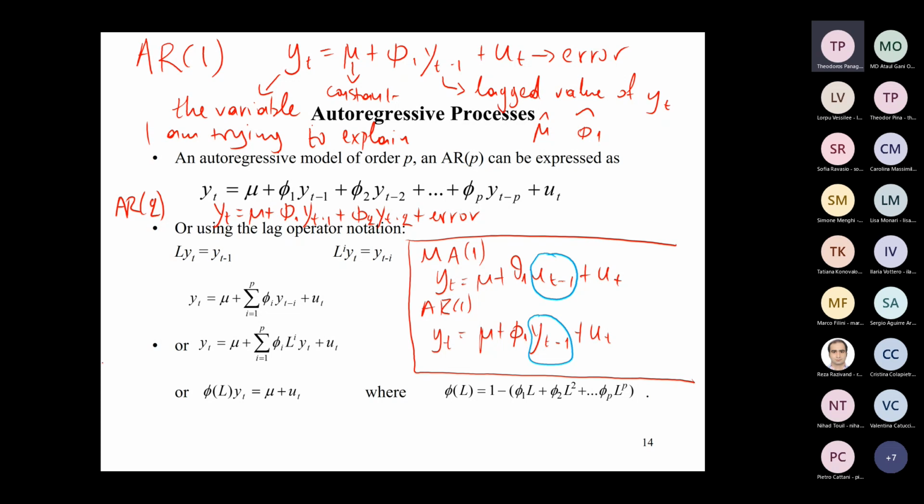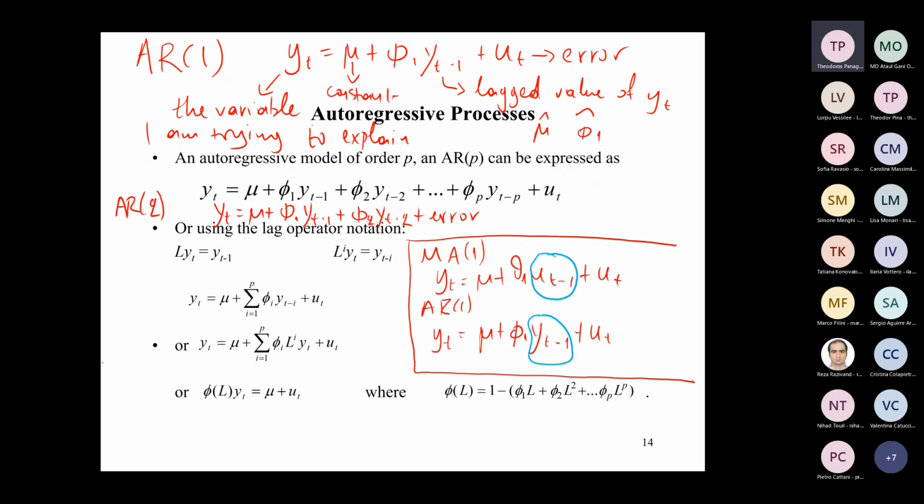In an autoregressive model, the lagged value of the dependent variable is used. In the moving average models, the lagged value of a random variable is used. Okay, so we have a moving average.